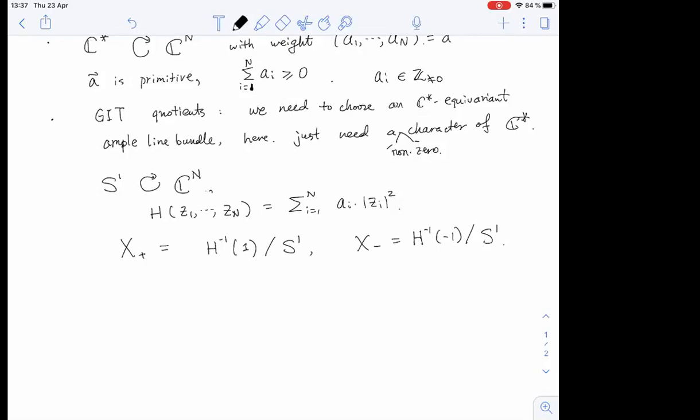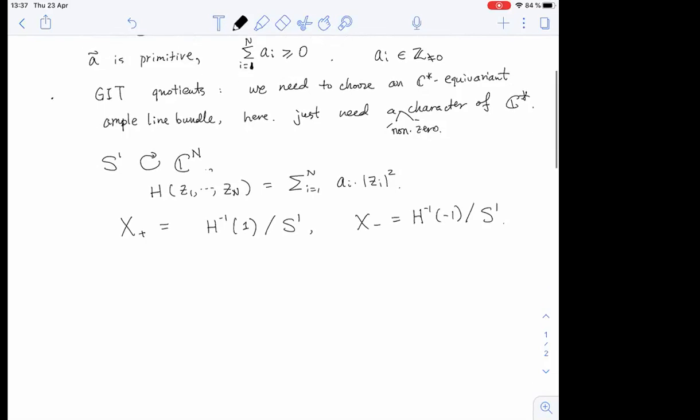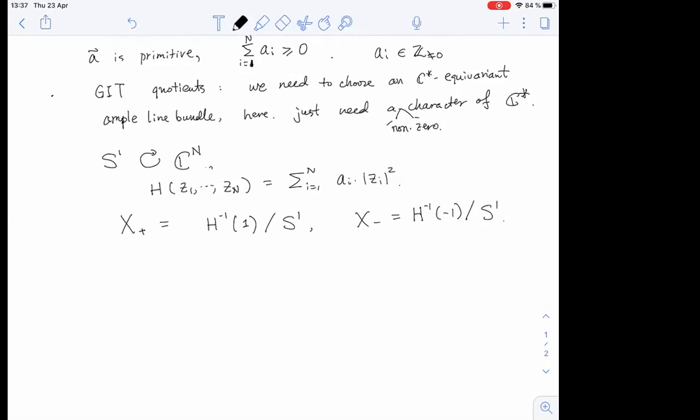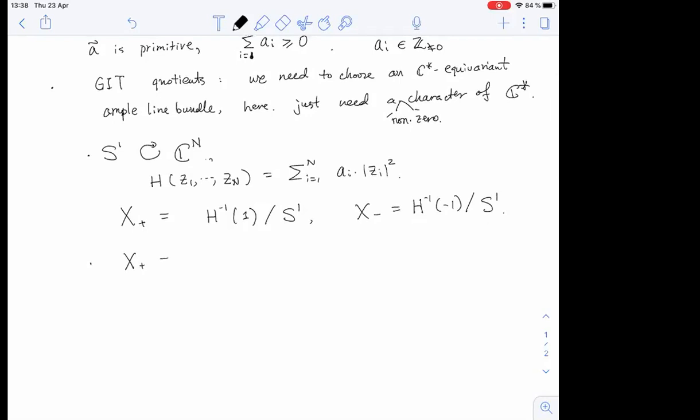As written, it's not precisely correct because I didn't tell you what happens if there are singularities in the quotient. So let me rewrite this also as a GIT quotient, where I will define the unstable locus for the plus side and the minus side.